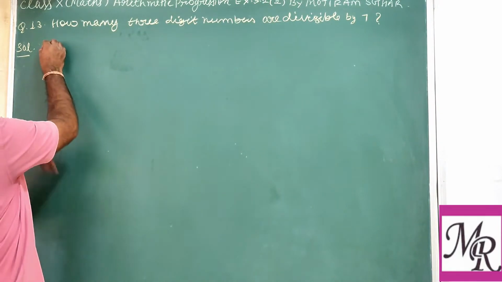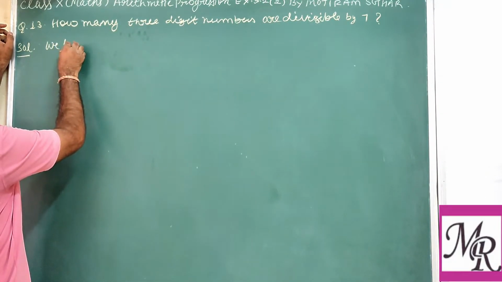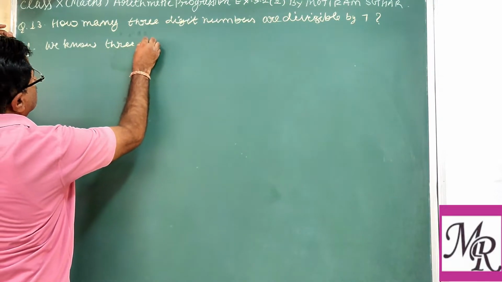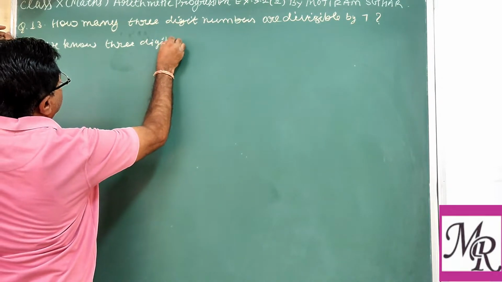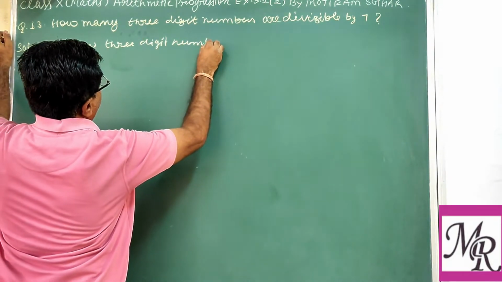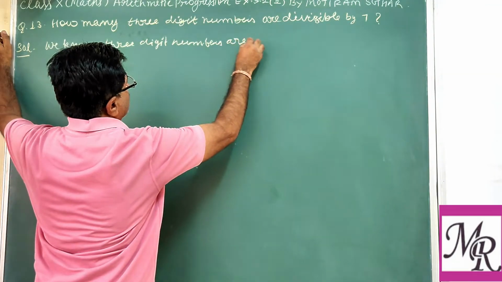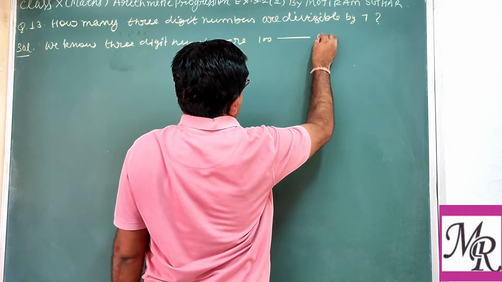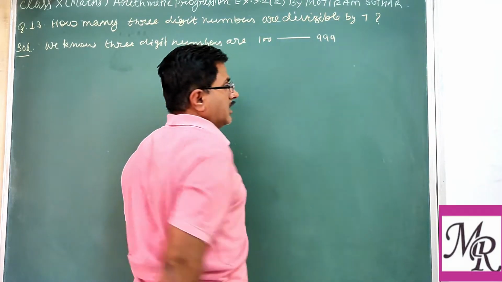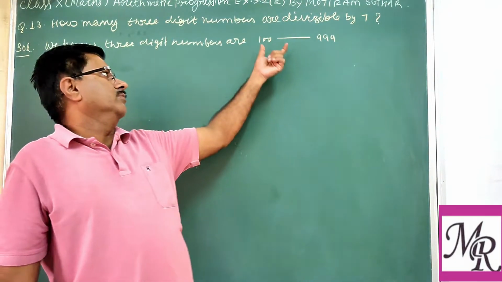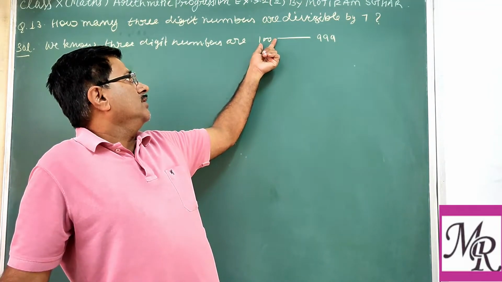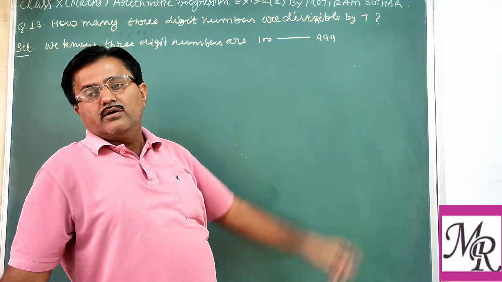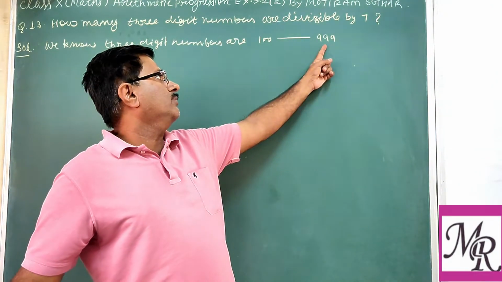So we know three-digit numbers are starting from 100 and end with 999. These are 900 numbers because below 100 are 2-digit and after 999 are 4-digit. So out of these you have to take the divisible ones.